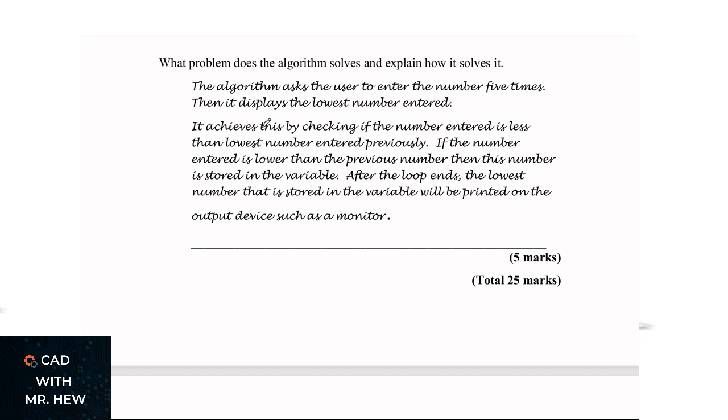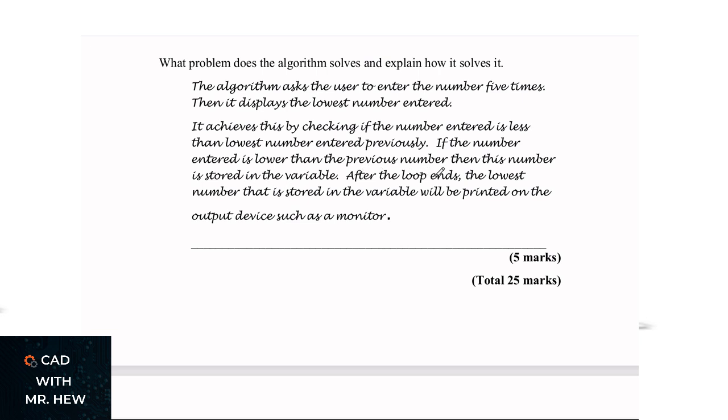It achieves this by checking if the number entered is less than the lowest number previously entered. If the number entered, that is the current number, is lower than the previous number, then this current number is stored in the variable.